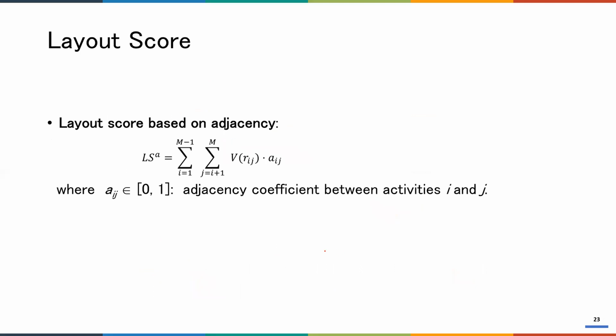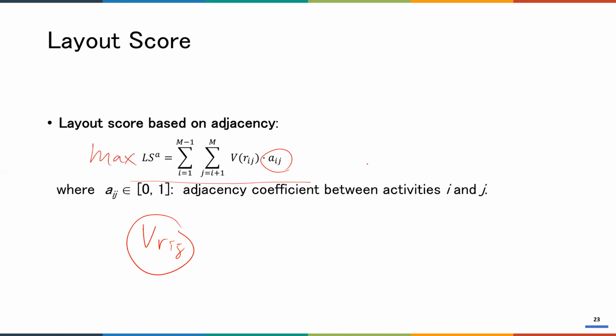And how can we calculate the layout score based on the adjacency? So we have the FRIJ before, right, which is the cardinal value for the closeness rating. And we have the coefficient AIJ. And we try to maximize this layout score.